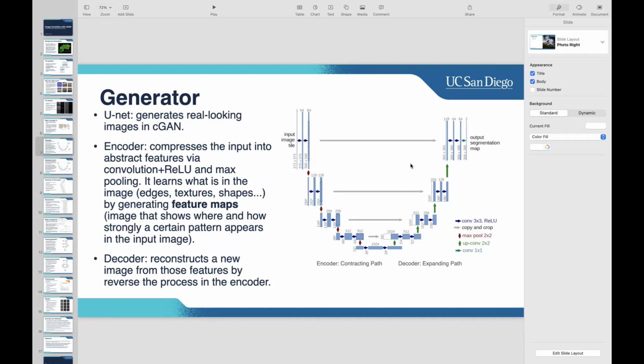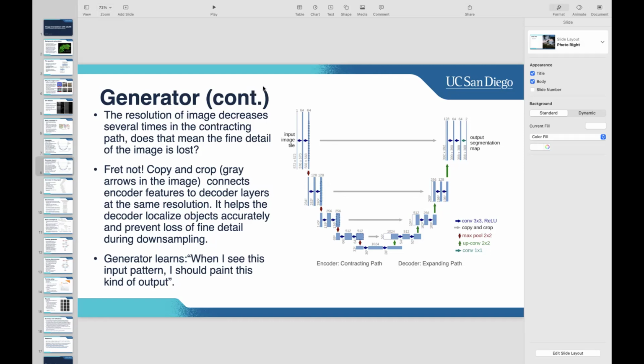And the decoder reconstructs a new image from those features by the reverse process of the encoder. Sorry, the decoder is the reverse process of the encoder.